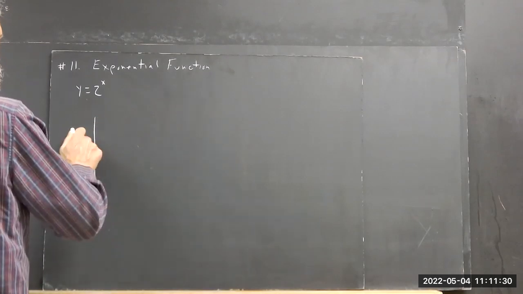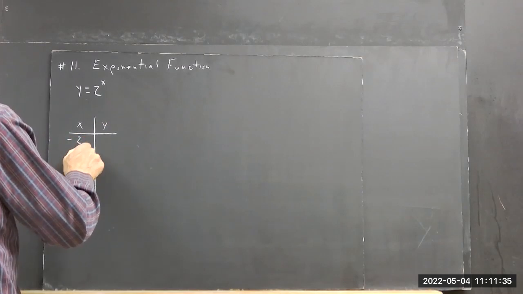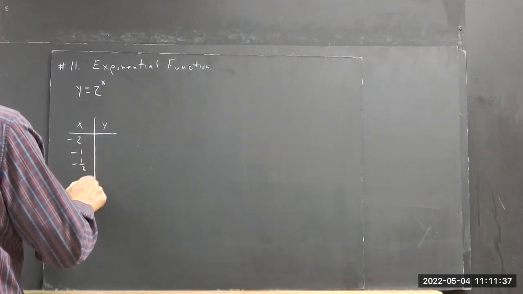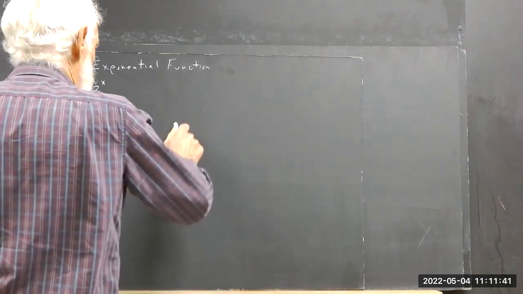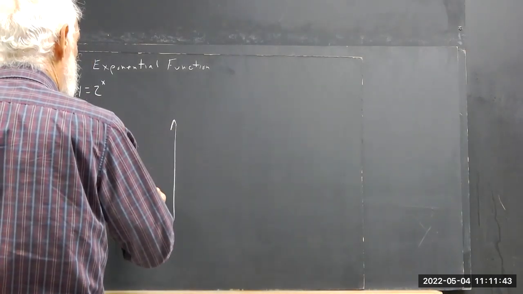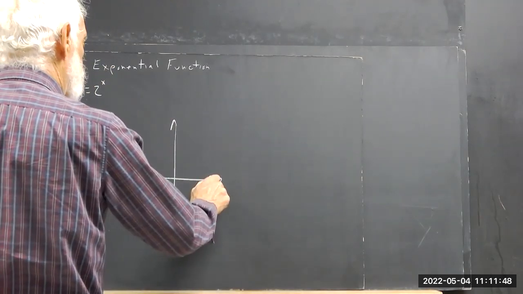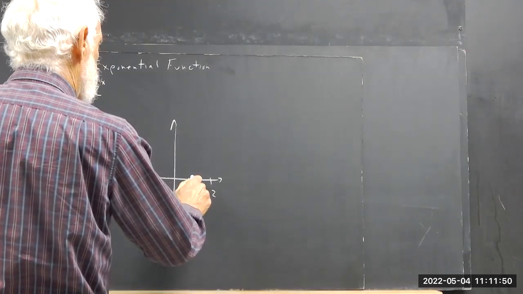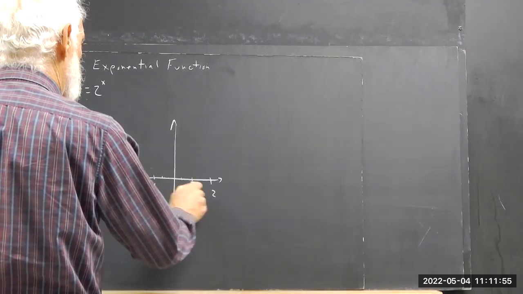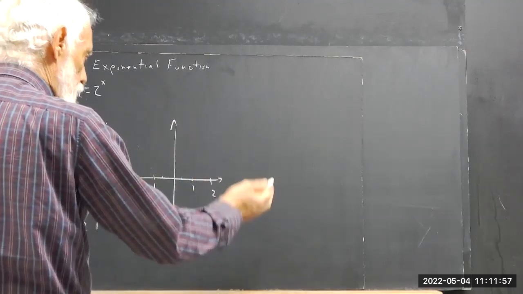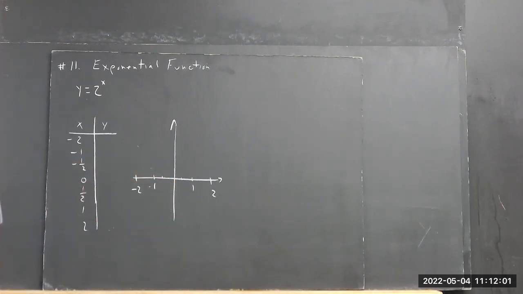Just to quickly review, we always start with -2, -1, -1/2, 0, 1/2, 1 and 2, meaning we're going to set up our x-axis this way always, okay?